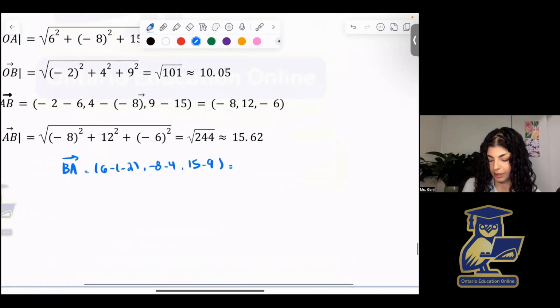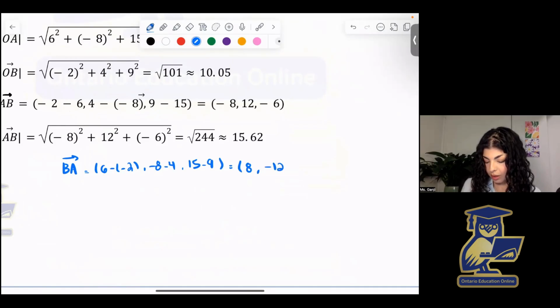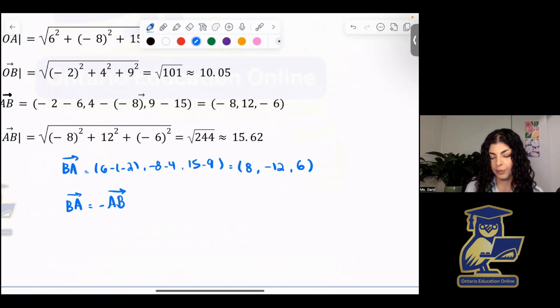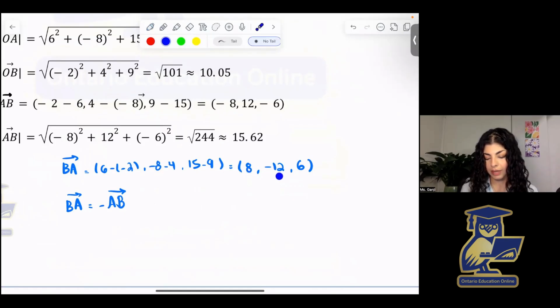And this will give us 8, -12, and 6. And you can see that this, and this is what we had seen in our very first lesson, is negative AB, right? We see here we had -8, here we have 8, 12, now we have -12, and -6 is 6.